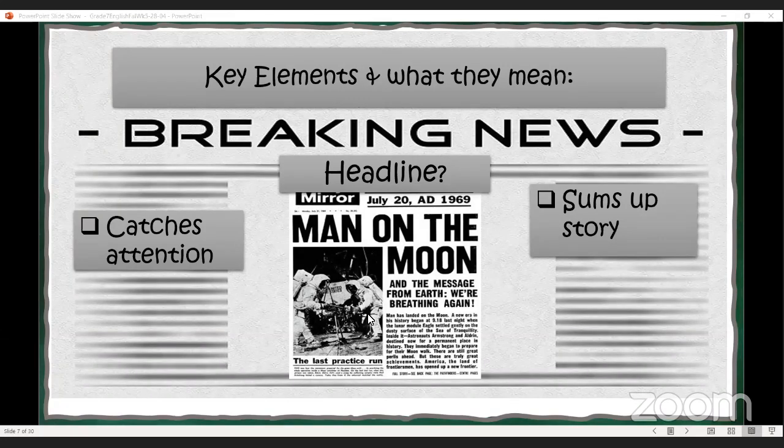So let's see how fast you can type. There we go. Well done. Even did it the way it's on the newspaper. That's awesome. Good job.